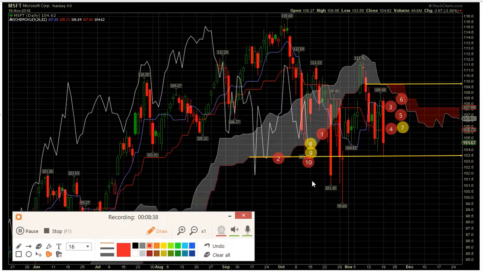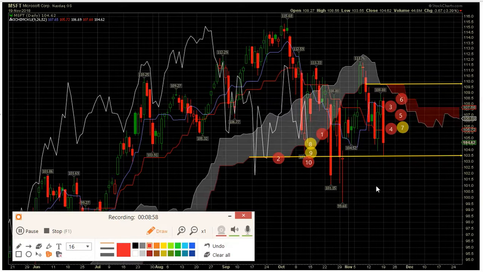And once it hits open space, it is all over for Microsoft. And like I said, I think price is going to trade up. We're going to maybe fill this little gap here with the Chikou span, and then we're going to start moving down, down, down, following the cloud down. So I would be staying out of this.